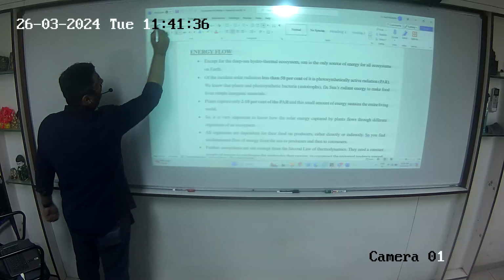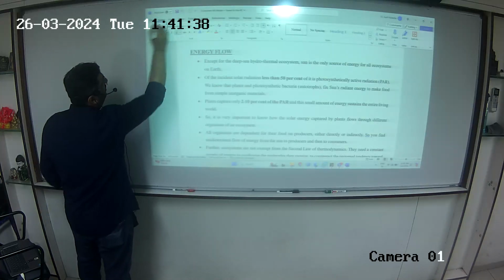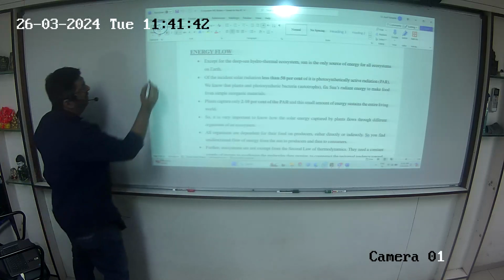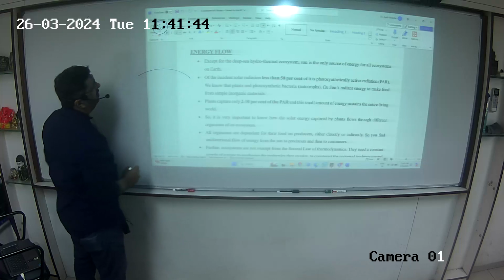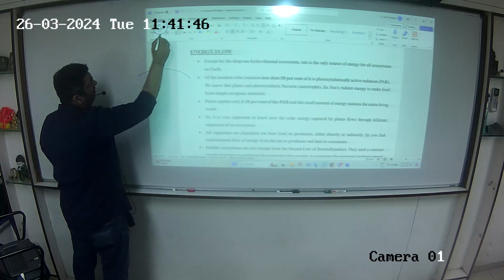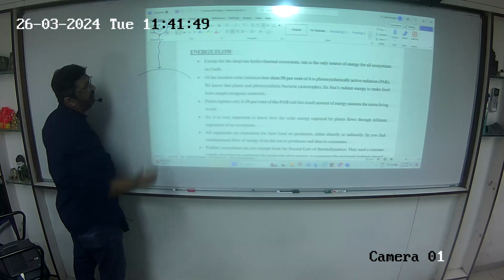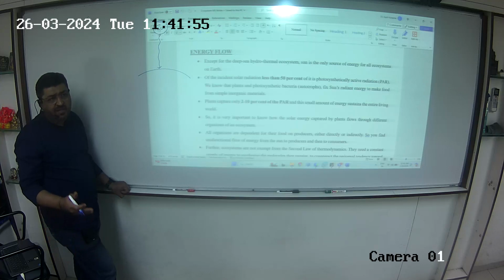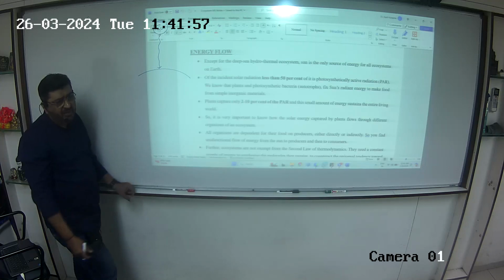Now, having identified sun as the source, for the sunlight to reach Earth, it has to pass through the atmosphere, and a larger fraction of it is getting scattered.